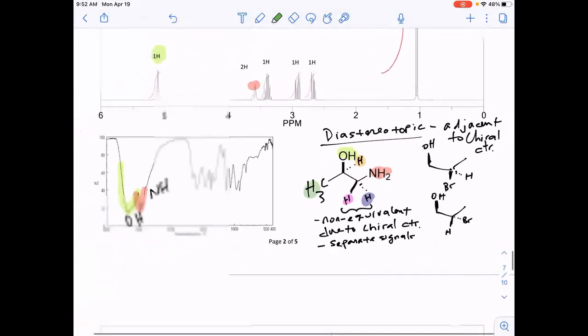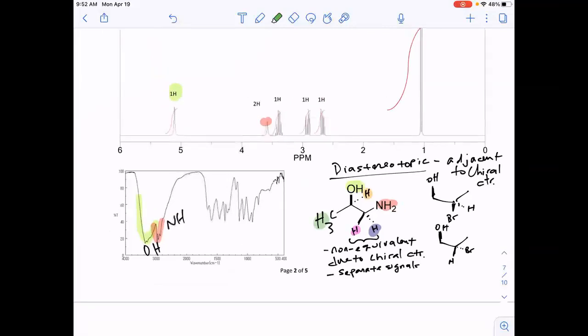That's not going to be anything special because although a chiral center is next door to it, that particular carbon is prochiral. You can't put anything on it to make it chiral, because if you change one of the hydrogens out, you still have two of the same groups, two protons. So what should that signal be? How many neighbors does it have?